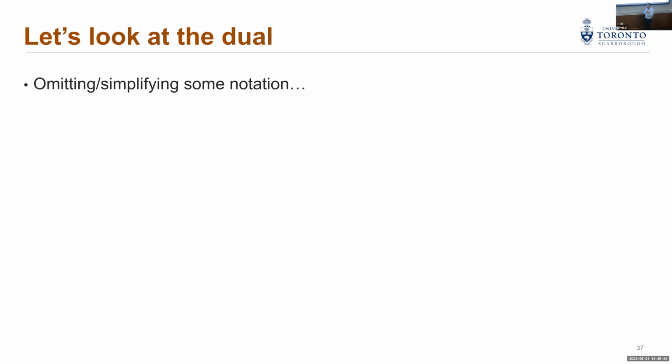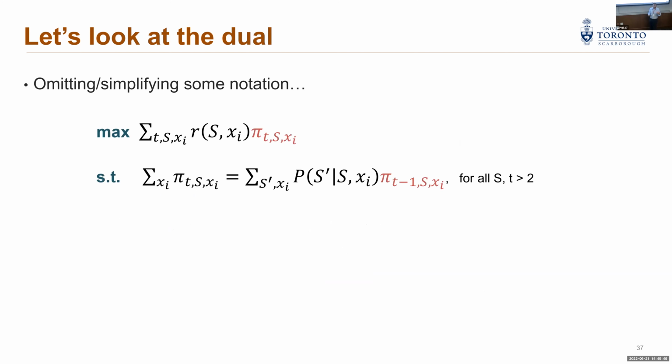So, omitting some notation, if you are familiar with MDPs, when you get the dual variables, they represent frequencies. Essentially, these pi's are the frequencies that at stage t, you are at state s, that is, you learn something at this state, and you apply the action xi. That is what John was saying, right? You get these pi's here.